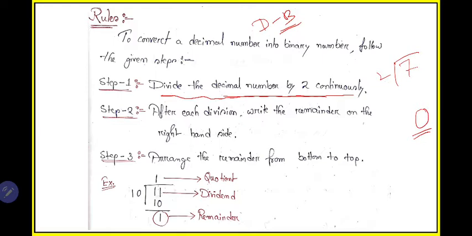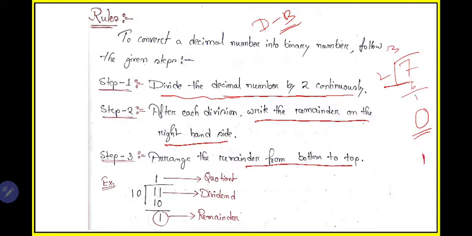Then step 2, after each division write the remainder on the right hand side. So after each division you will get some remainder, and you write the remainder on the right hand side. How to write, I will show. Then the last step is arrange the remainder from bottom to top. So for example you are dividing 7 by 2: 3 twos are 6, remainder will be 1.